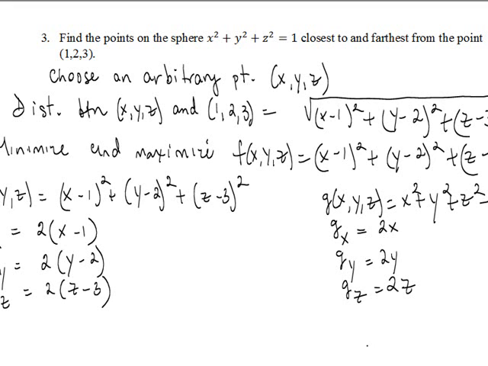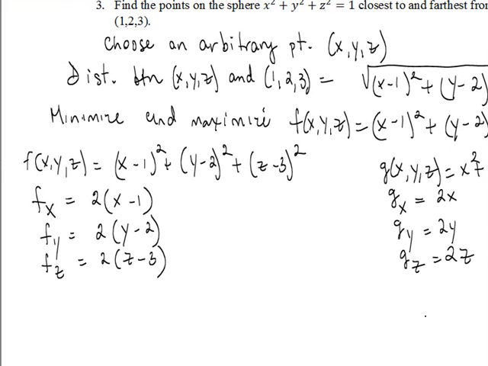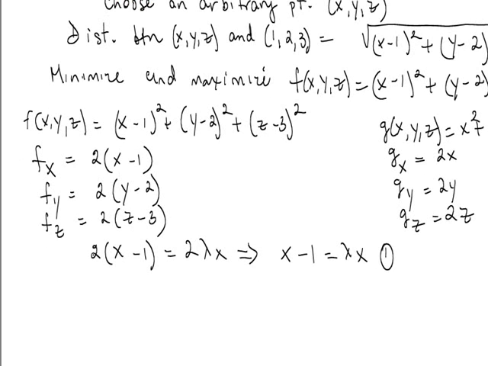Bring in the lambdas now. So the left equals lambda times the right. Let's do it. 2 times x minus 1 is 2 lambda x. Now reduce that. Divide by 2. So x minus 1 equals lambda x. Call this 1. Next. 2 times y minus 2 is 2 lambda y.